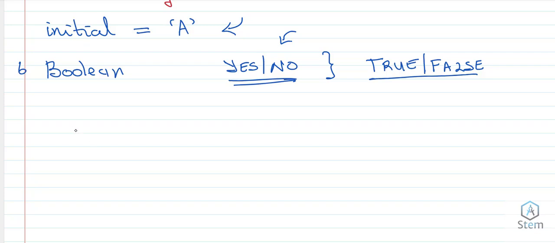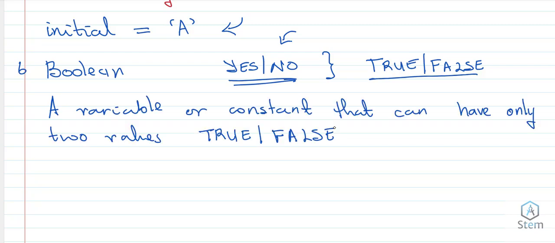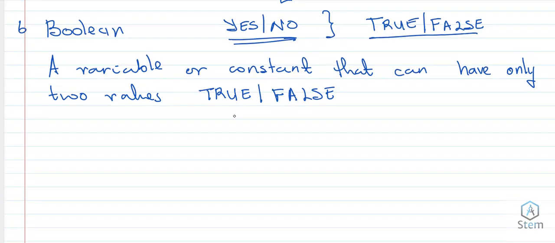So let's define Boolean. There you have it. So if the only values which a variable can store are true or false, then we use the data type called Boolean. Let's give an example of the use of Boolean.